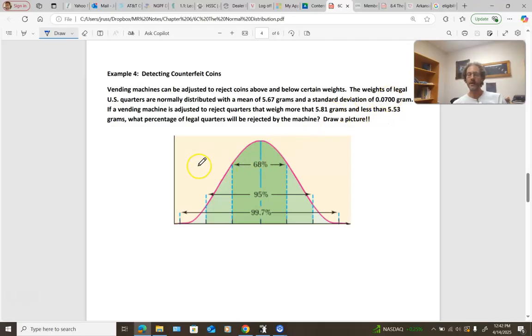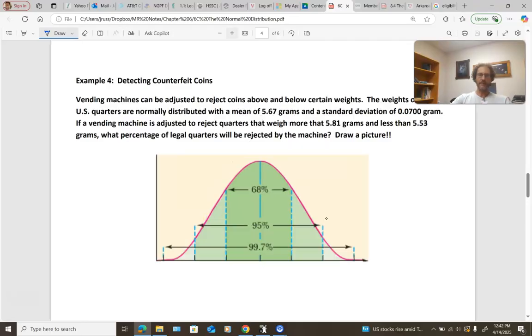So in almost all of these, you want to draw your normal curve, just like I have here, and start marking off values for 1, 2, and 3 standard deviations, both above and below the mean. You pretty much have to do this for every one of these. All right, so the mean is 5.67 grams, so that'll be right there in the middle. And the standard deviation is this amount, 0.07 grams.